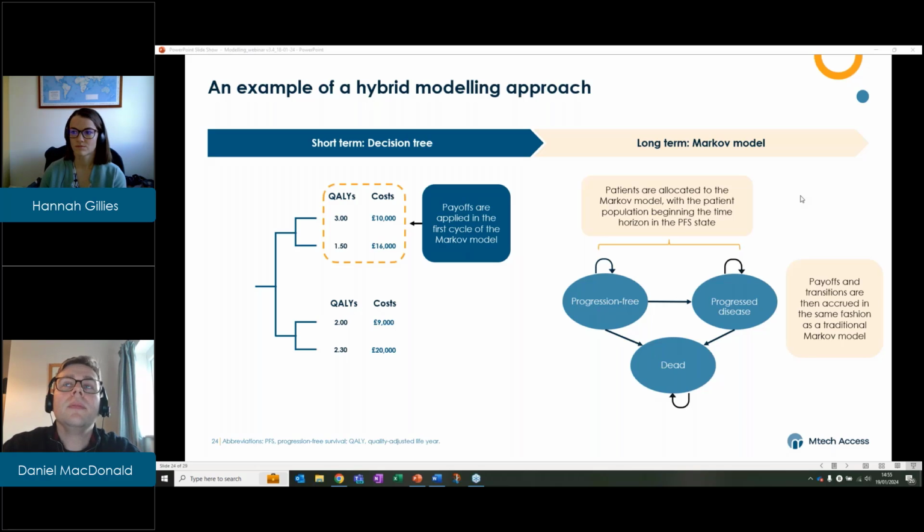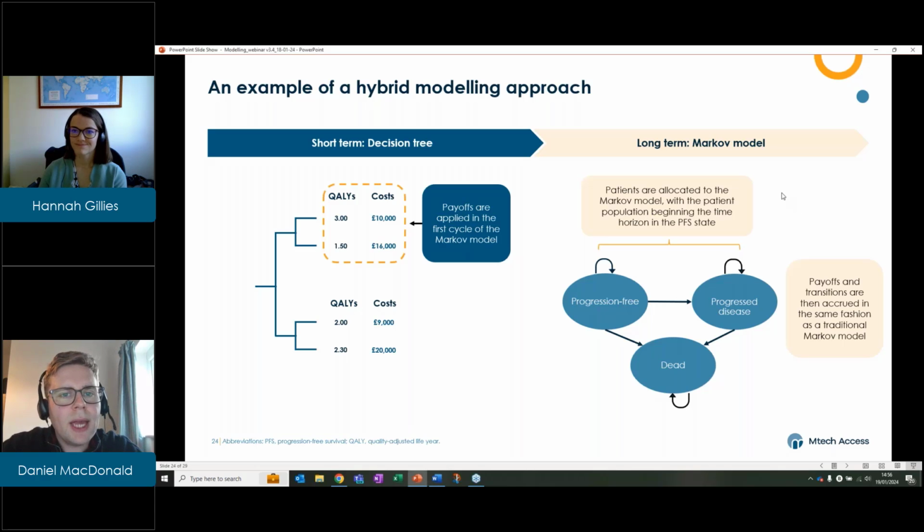So for example, if we had different response statuses, you may have multiple engines in the model, and the likelihood of a patient being in a progressed state from time equals 0 in the Markov model, but in the whole model process will be time equals 1 year, could be greater than the likelihood of that happening if you have patients who have responded to treatment, in which case you would have different numbers of patients in the specific states at the beginning of the Markov approach, and they'll then be accruing different costs and qualities in terms of the total amounts that are accrued at each model cycle compared to other response statuses that have occurred.